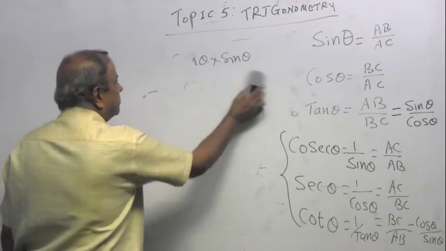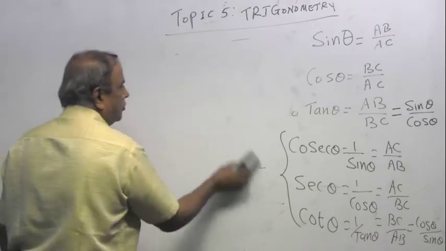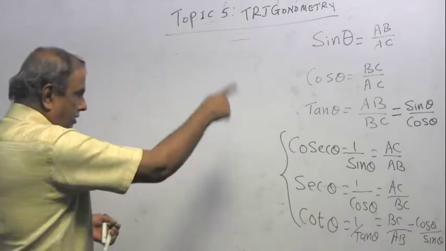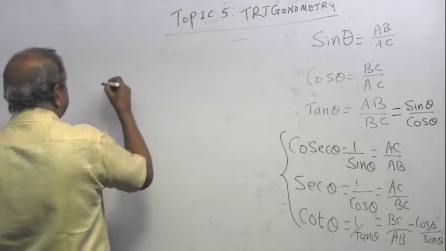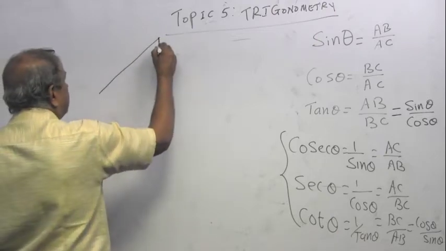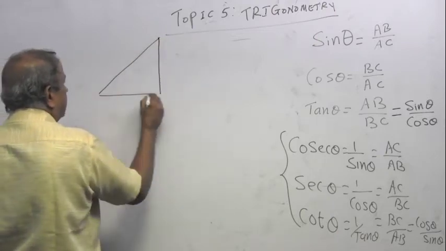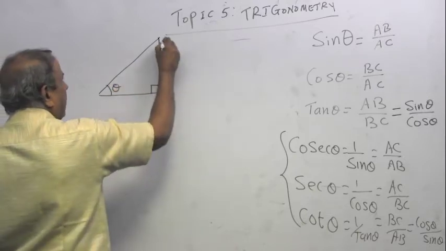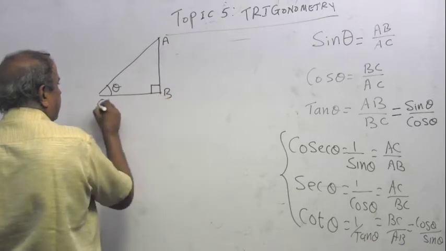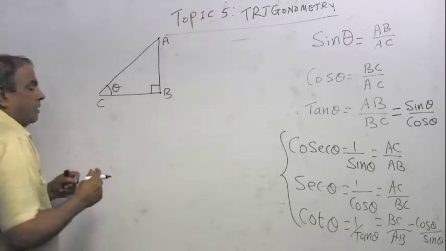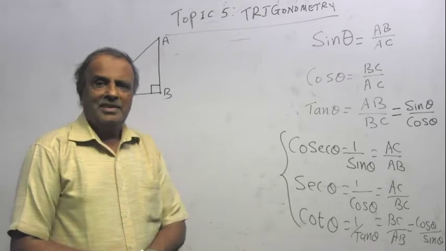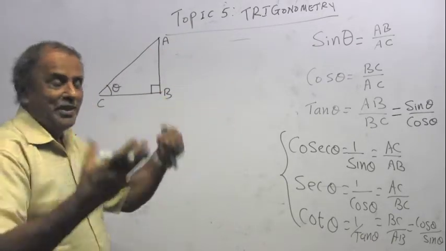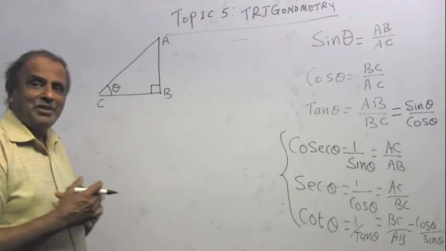now I want to spend a little bit of time on this. I want to use the same triangle. That's the angle theta. That is A, that is B, that is C. What is that thing which you have learned from year 10 and keep using? Can you guess?